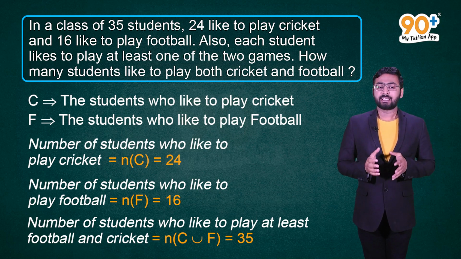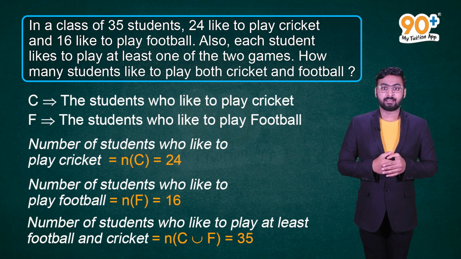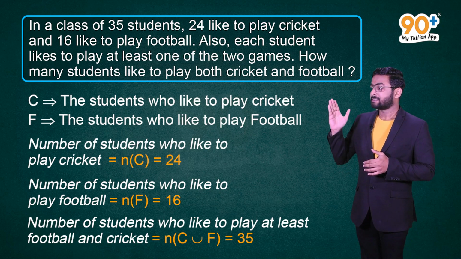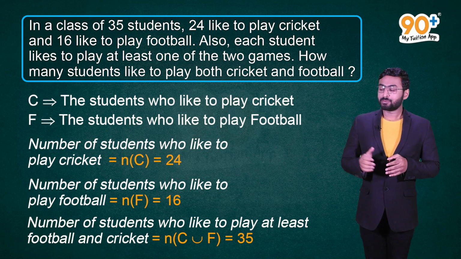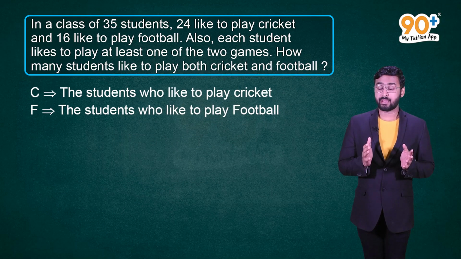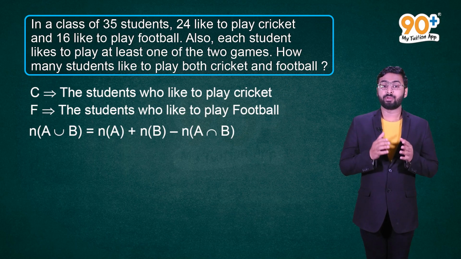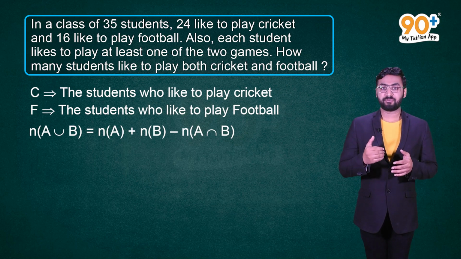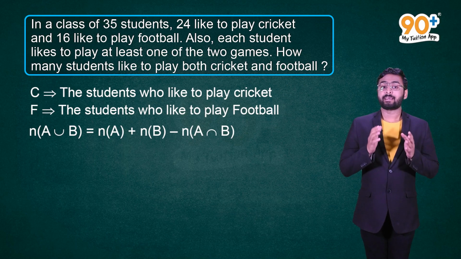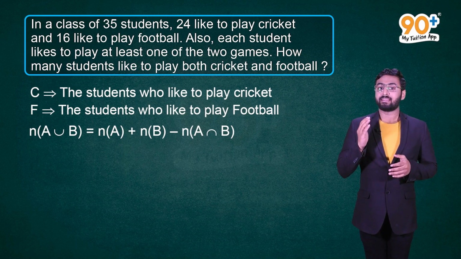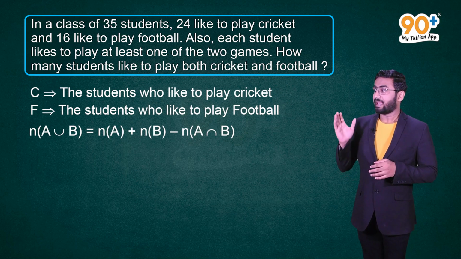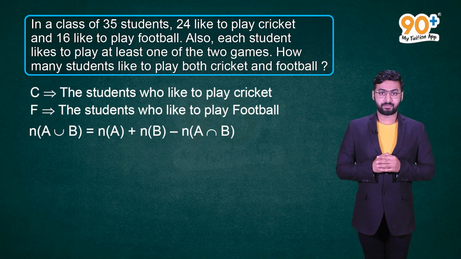So this includes every student of the class, and that is n of C union F, which is equal to 35. Now, from this data, we have to find out the number of students who like to play both cricket and football. So this set will consist of students that are common to both C and F, and that is n of C intersection F.